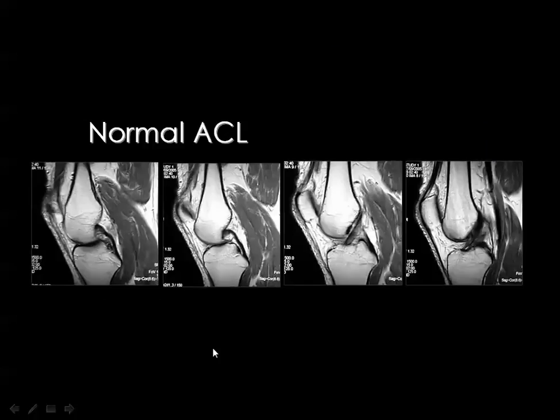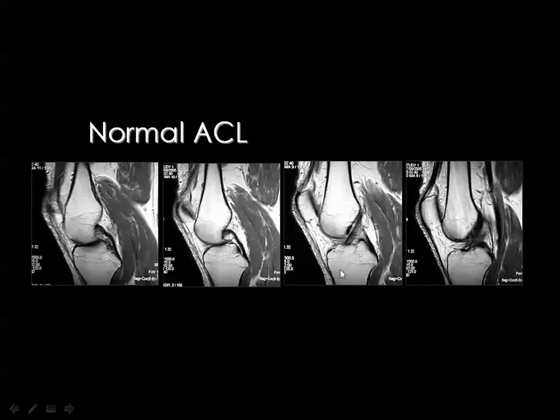If you want to see the anterior cruciate ligament, you first identify the posterior cruciate ligament, which is a constant cord-like low signal structure attached to the posterior aspect of the femur, going to the posterior aspect of the tibia. Then you go an image before or an image after, looking for the anterior cruciate ligament.